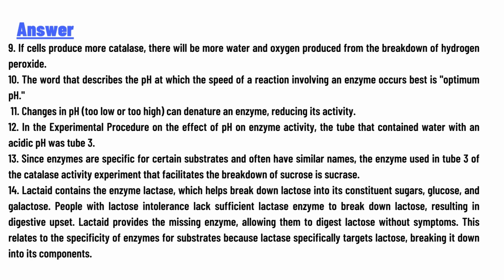In the experimental procedure on the effect of pH on enzyme activity, the tube that contained water with an acidic pH was tube 3. Since enzymes are specific for certain substrates and often have similar names, the enzyme used in tube 3 of the catalase activity experiment that facilitates the breakdown of sucrose is sucrase.